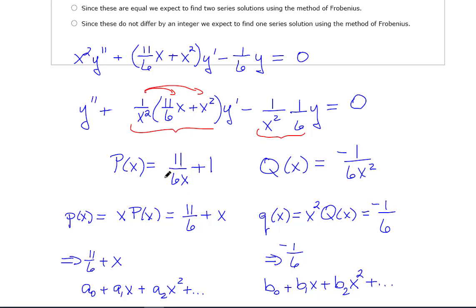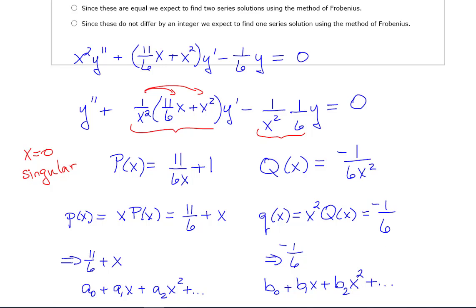So here's P, here's Q. Certainly we do have a singular point at x equals 0, so x equals 0 is singular. All right, so I multiply by powers of that, so x and x squared. And so here's small p of x, here's small q of x.